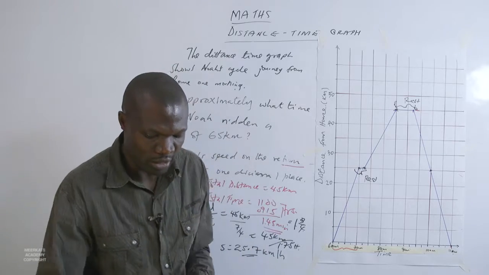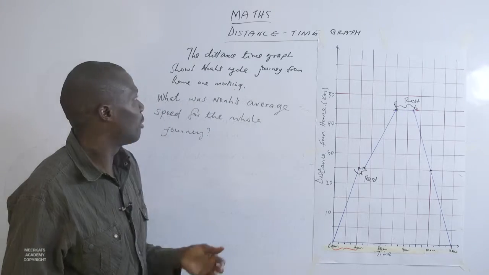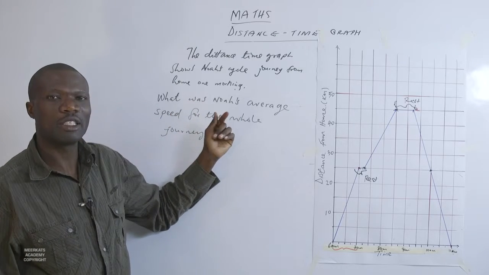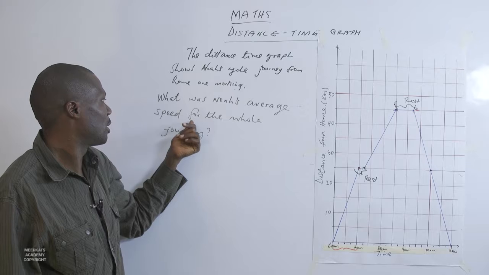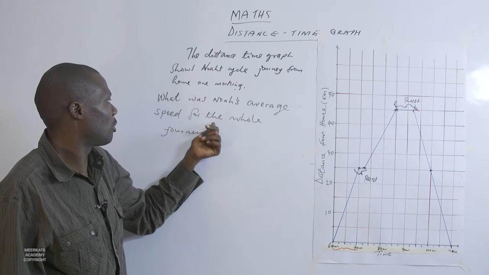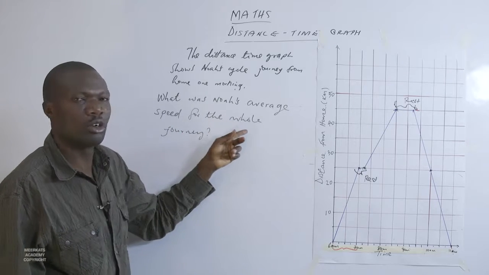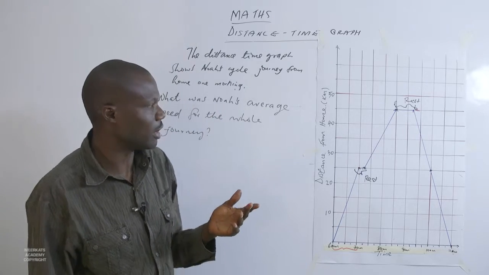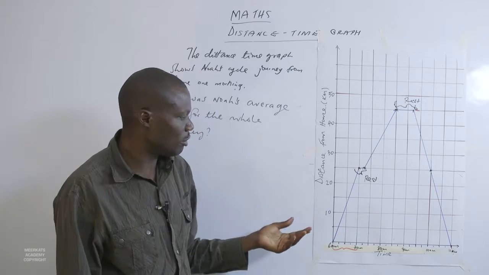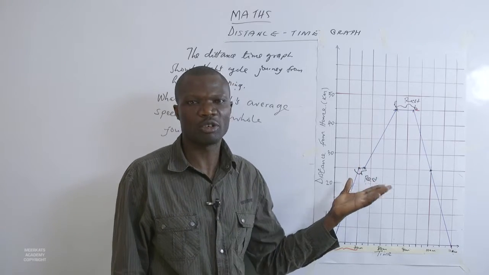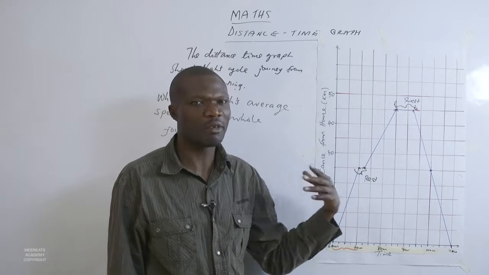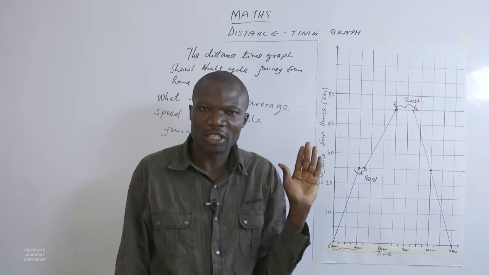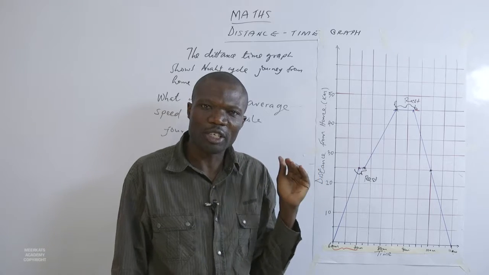So let us look at the last question on this graph. What was Noah's average speed for the whole journey? When you talk about the average speed for the whole journey, this is inclusive of when the movement is constant, when there is rest, even if there is a breakdown and so on. We normally look at the total distance covered over the total time taken.